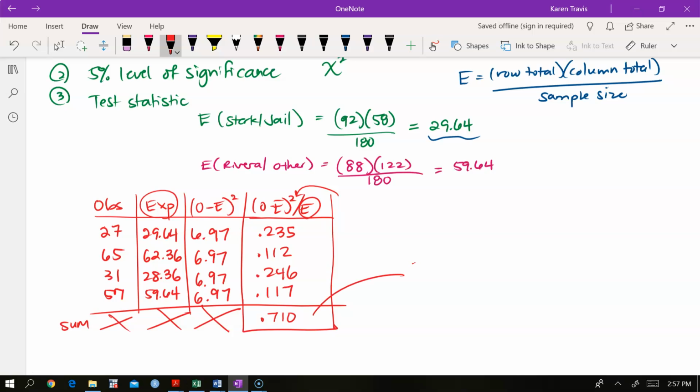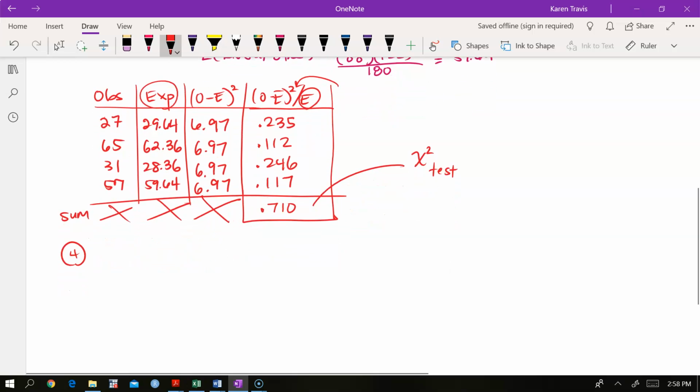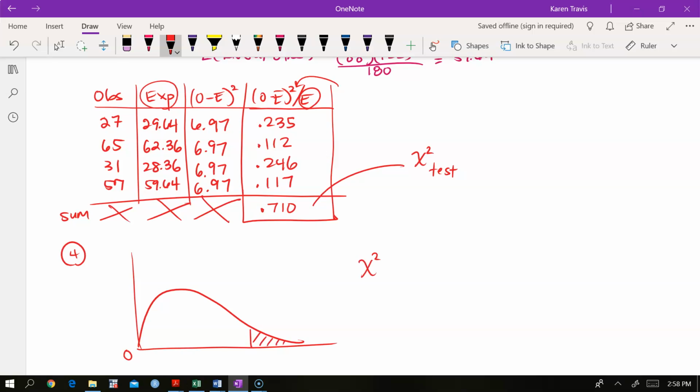So this is our chi-squared test statistic, which is quite small. Remember, the closer it is to 0, the more similar the observed and expected outcomes are, which is not strong evidence of dependence. To complete it, we need chi-squared critical, which comes from rows minus 1 times columns minus 1 for degrees of freedom.